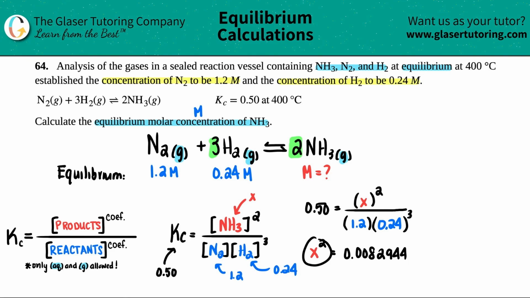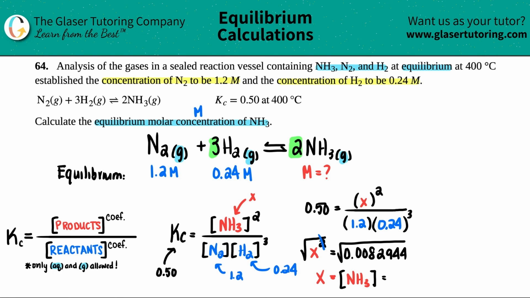Try not to round until the end, okay? We still want to solve for x. So remember, the opposite of being squared is the square root. So we have to square root both sides, and that way you get rid of this little square. Now you have x equals, and remember, x was the concentration of NH3. So let's see, whatever that square root is, and then we're done.